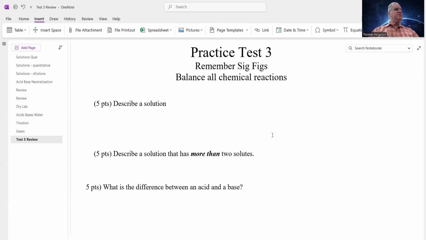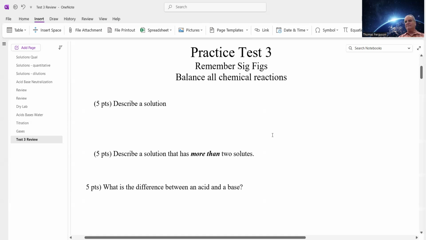Something that has more than two solutes, there's a number of those. For example, air is a nice example. Air's got like 5 solutes in it. The solvent in air is nitrogen gas because it's the most. Then comes oxygen, carbon dioxide, carbon monoxide, ozone. There's a lot of little trace gases in there, but they're there.